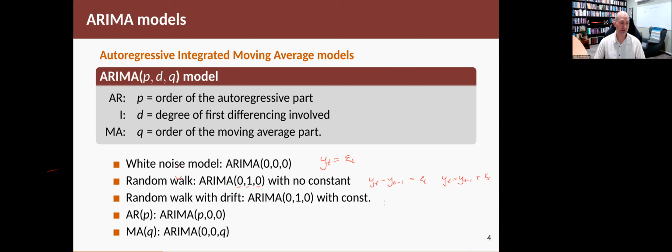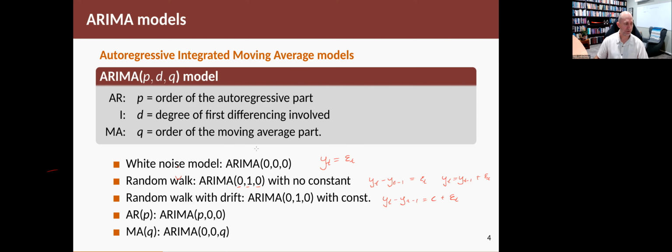A random walk with drift is similar, except you have a constant as well. So you've got a difference is equal to a constant plus some epsilon. And so that gives you the random walk with drift model. And if you've got just AR parts but no differencing and no MA parts, then you sometimes just write it as AR(p).